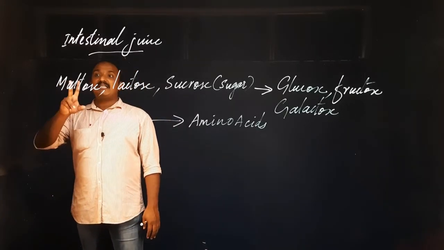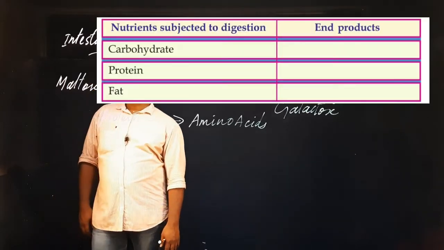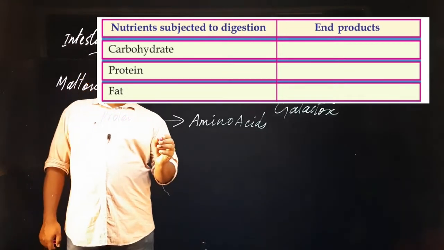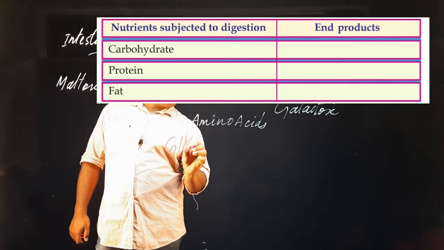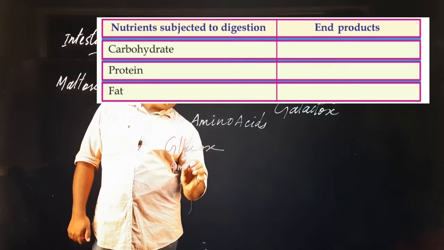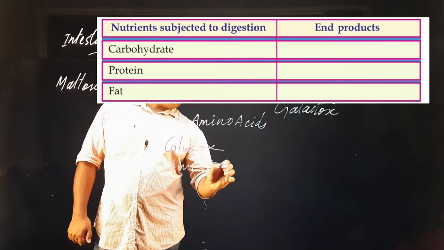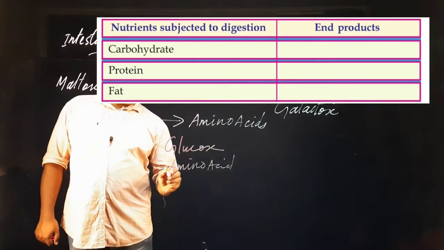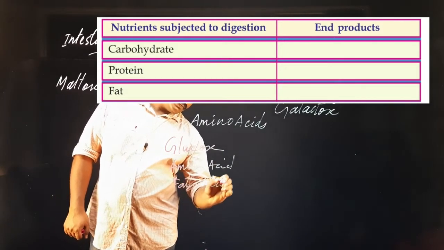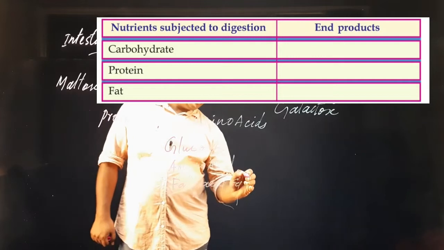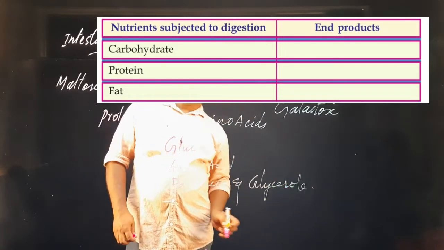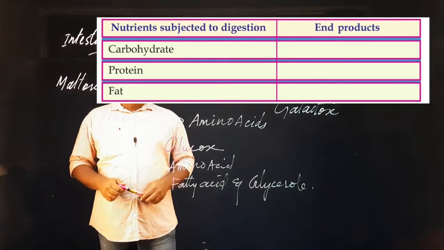After digestion, which are the products formed? They may ask you. So you can say: one, glucose is formed. Second, amino acid is formed. Third, fatty acid and glycerol.